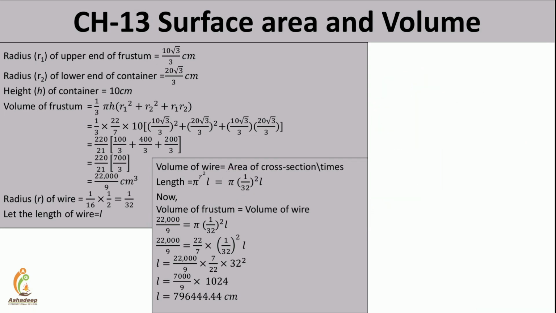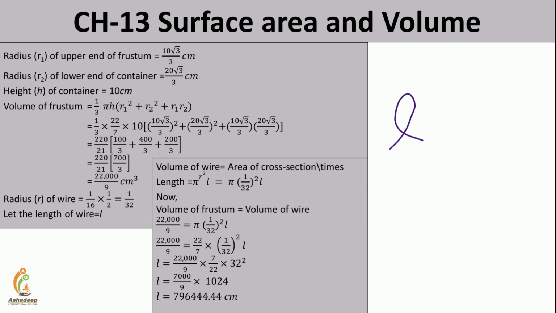Right? So you put the values. Now 7 is on the up, 32 square up, 22 down, 1 down. Right? Here is the simplification and you will get this as an answer. But if you are asked specifically to find the length in terms of meter, then what you have to do?